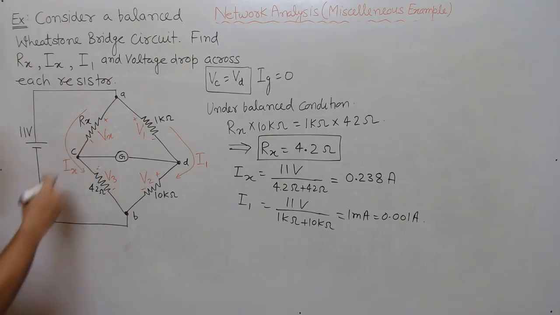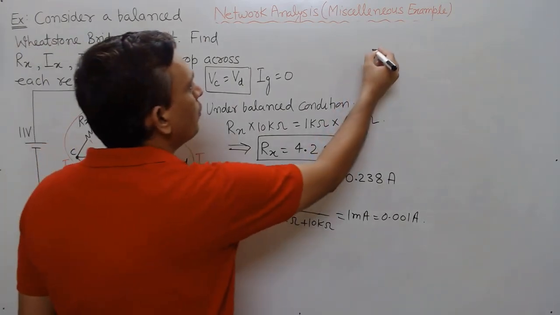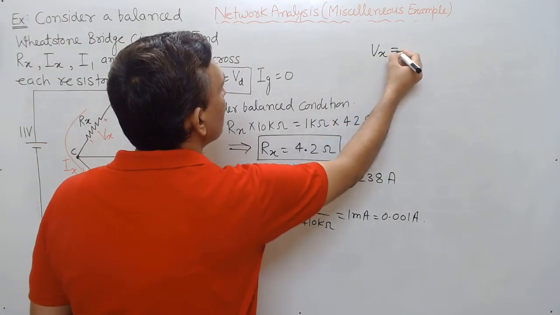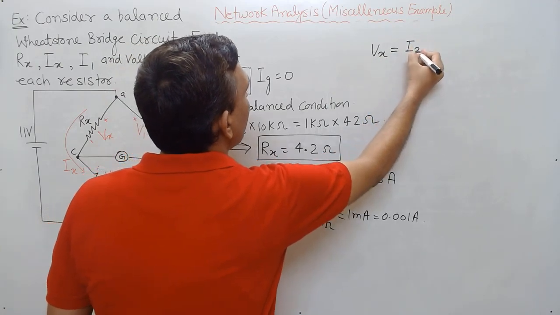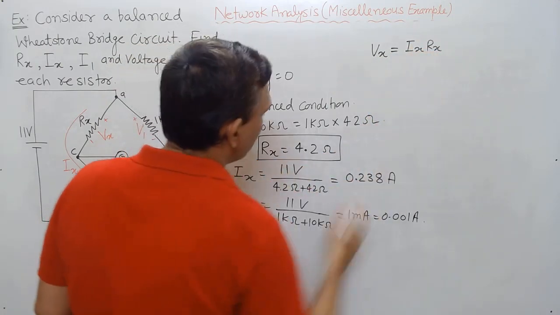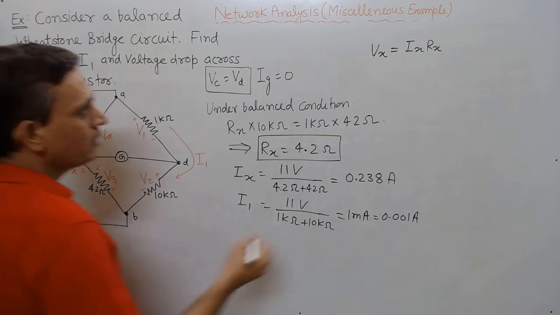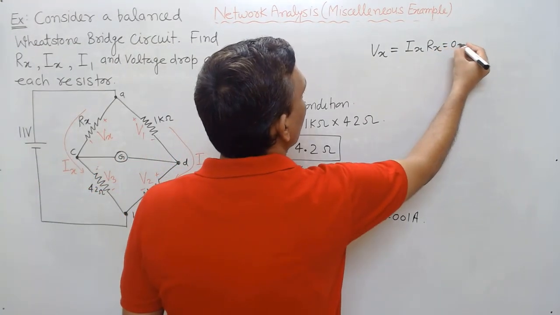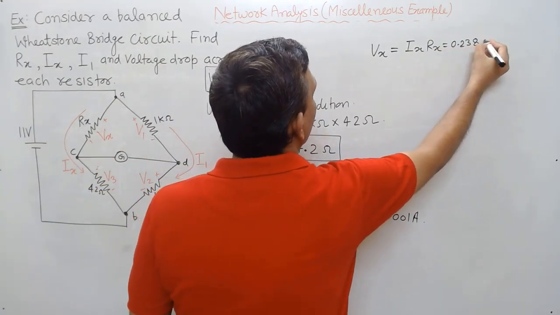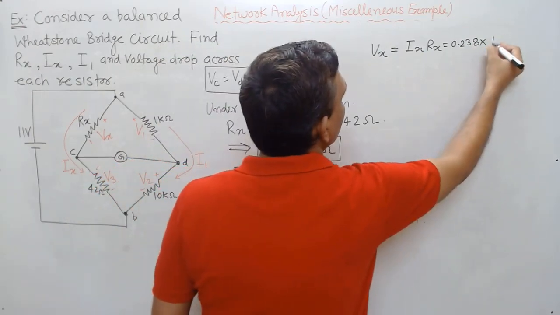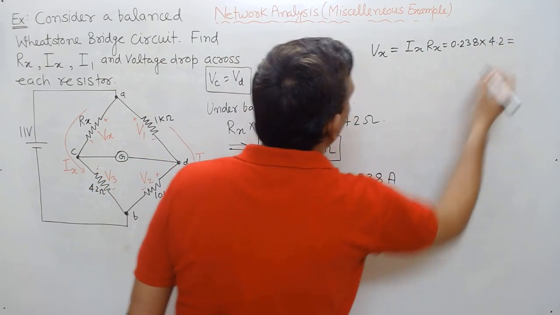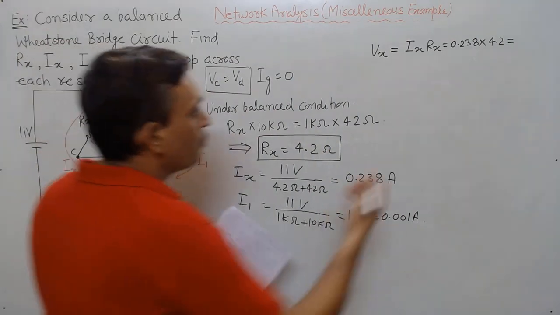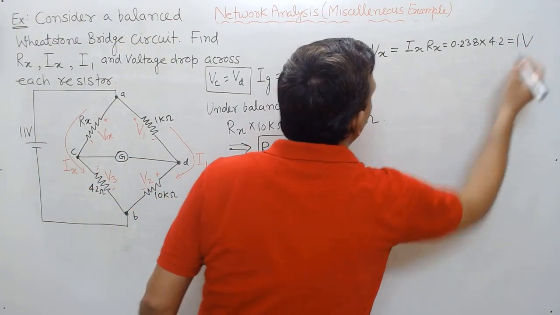Now what will be Vx? So Vx is Ix into Rx. So Ix is 0.238 into 4.2 and this value, if you solve this, is approximately 1.